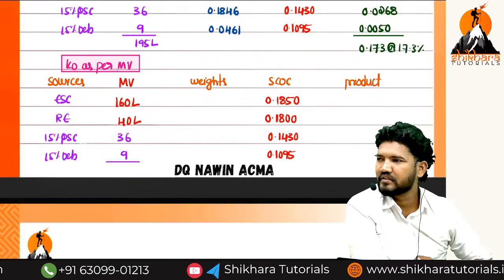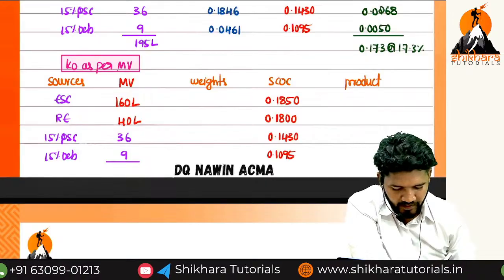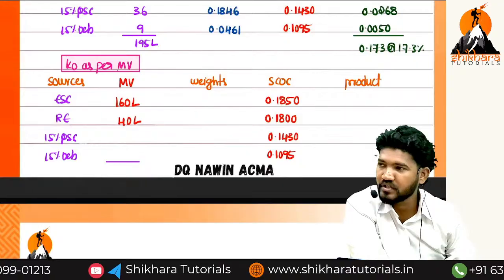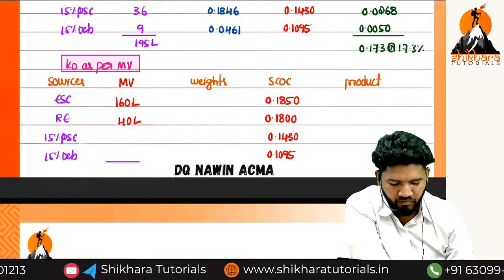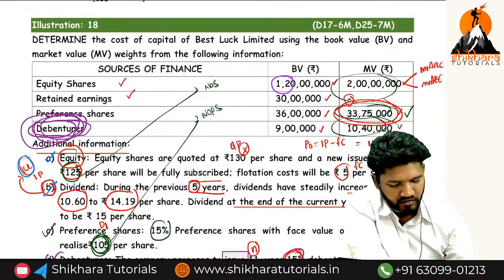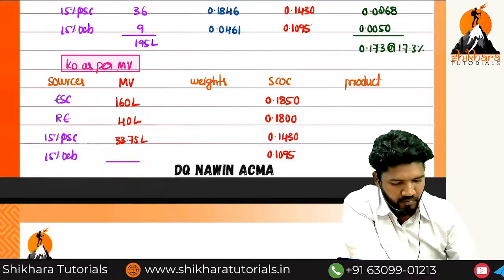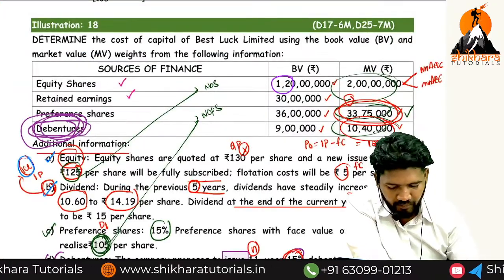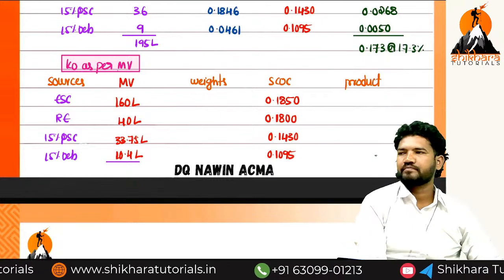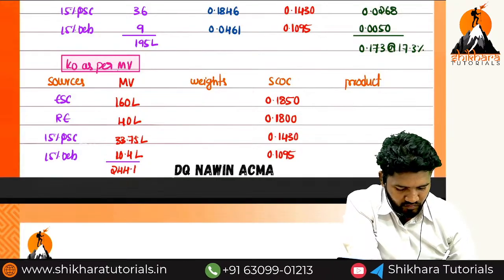Total also changes. How much? Wait a minute, preference share values I am not changing, no? We have to change. Preference share capital market value 33.75 lakhs. What about the debenture? 10.4 lakhs. Now tell me the total. 240.15 lakhs.